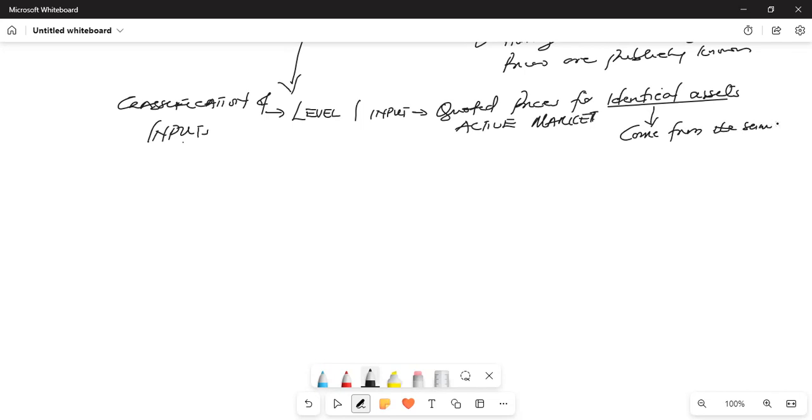That is why we say twins are identical, because they come from the same womb. But you have also heard people say, 'you look like so-and-so'. That is similarity. They don't come from the same source, but they look alike. The only thing that distinguishes similarity and identical is a matter of source. So Level 1: use quoted prices for identical assets in an active market.